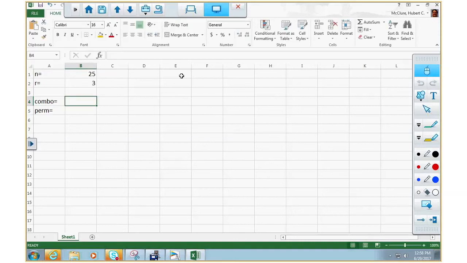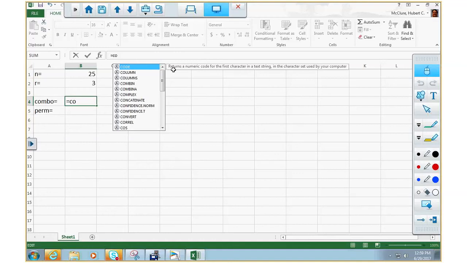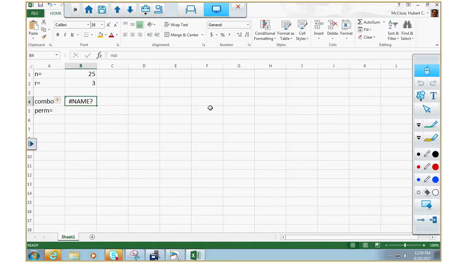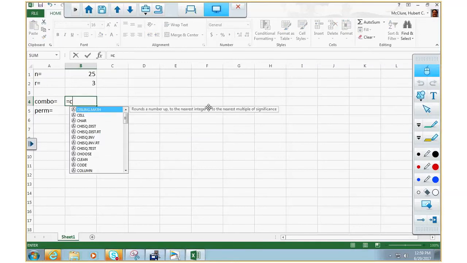The combination is called COMBIN, I think. Type in equals COM. See, there it is. Well, I guess I'll just type it in since I can't get it over there. There we go.